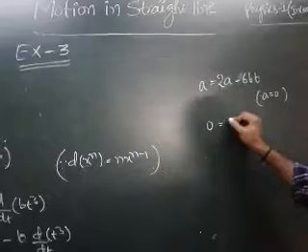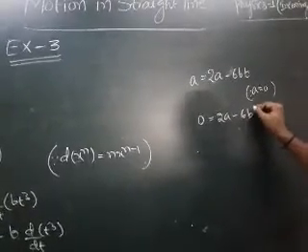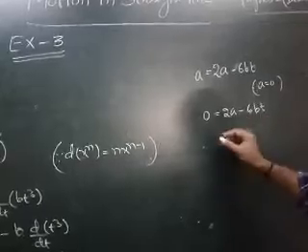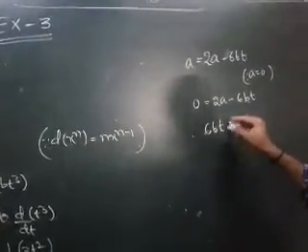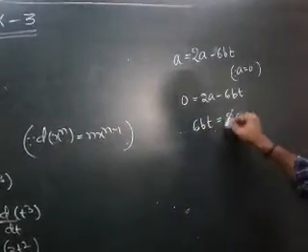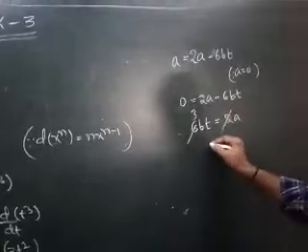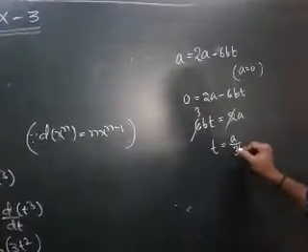Therefore 0 is equal to 2a minus 6bt. Therefore 6bt is equal to 2a, 2 cancels, therefore t is equal to a by 3b.